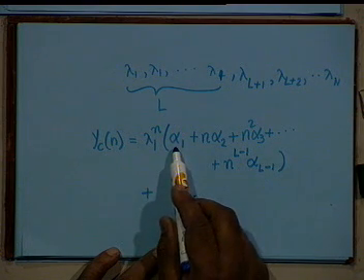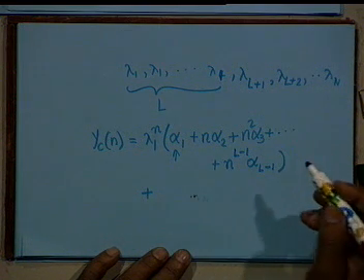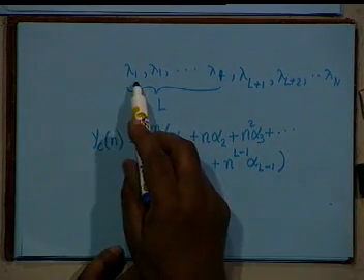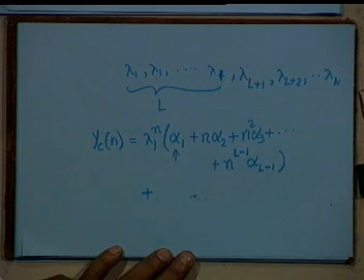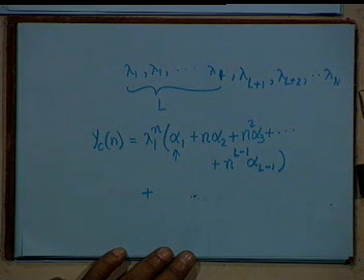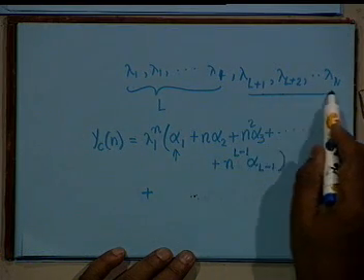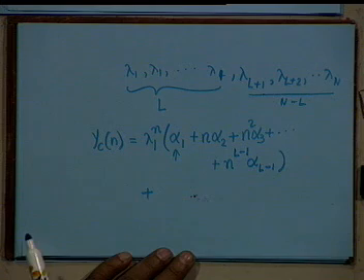We started with 1 and this is L plus 1. Lambda n shouldn't be there, otherwise we have more roots. There are L here, L plus 1. How many are here? N minus L. So the number of roots is the same.